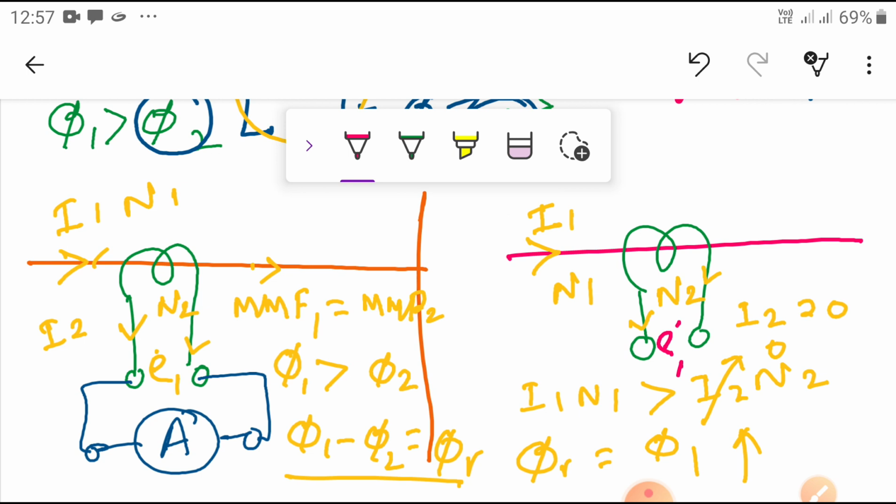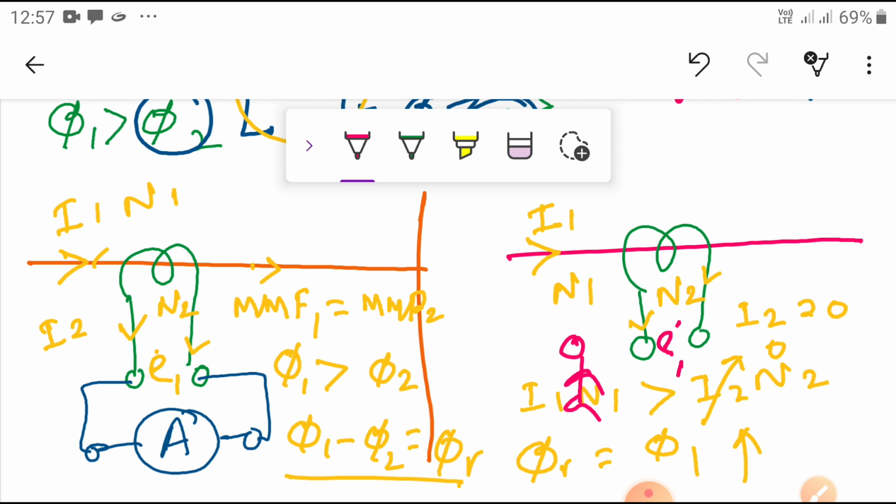This high voltage will lead to failure of the insulation of the CT. The CT winding has an enamel coating as insulation. Due to the high voltage, the intensity of the electrostatic field causes the insulation to fail, and then a total dead short circuit may occur. At the same time, it is dangerous to the operator who is going to connect the two terminals at that time. So this is the reason why you don't open the secondary.